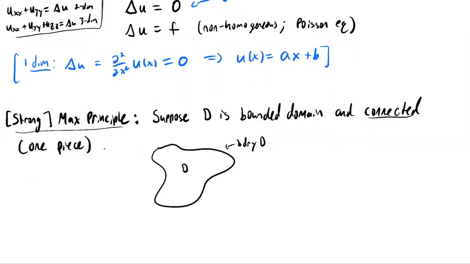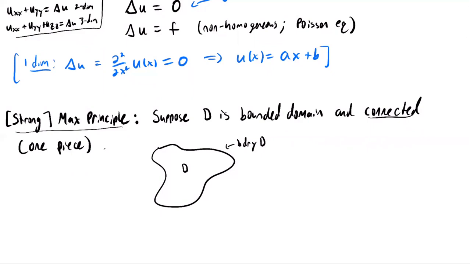So the boundary is the region surrounding the domain that separates it from the rest of the plane in this example, or separates it from the rest of space in 3 dimensions. Of course, you can write down a more precise definition of what the boundary is mathematically, but I don't want to distract too much from just the statement of the theorem here. You can, of course, look that up in the book.